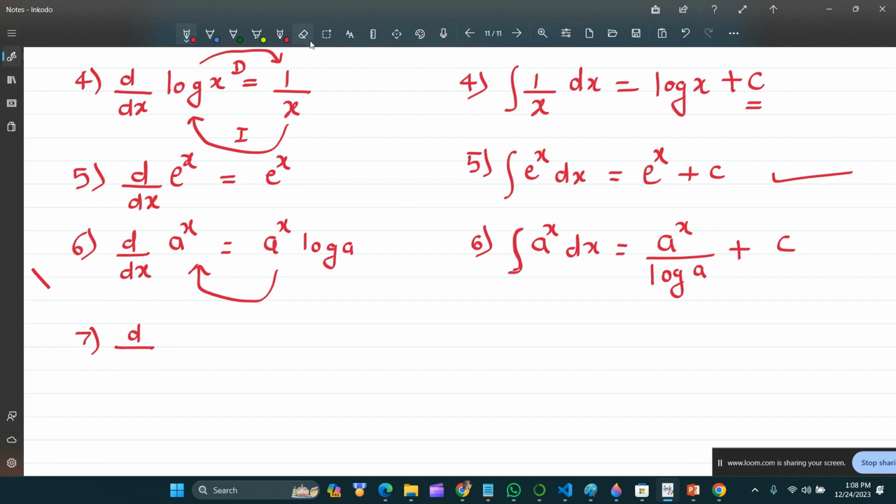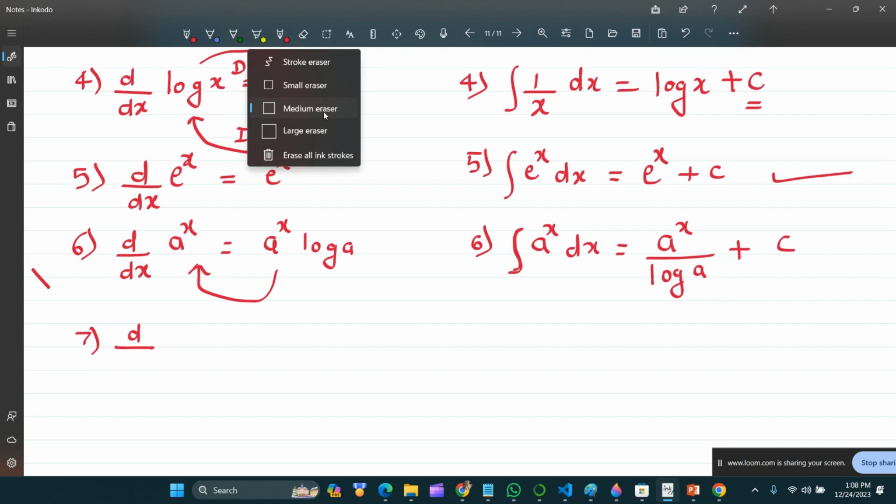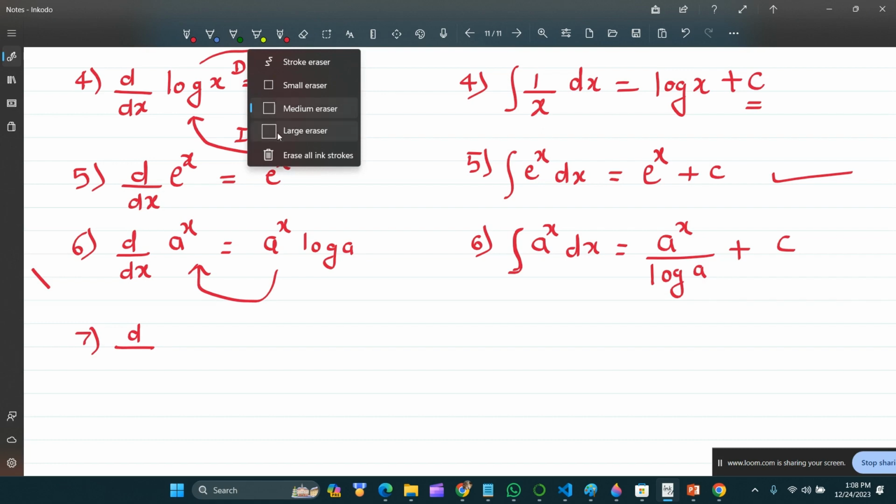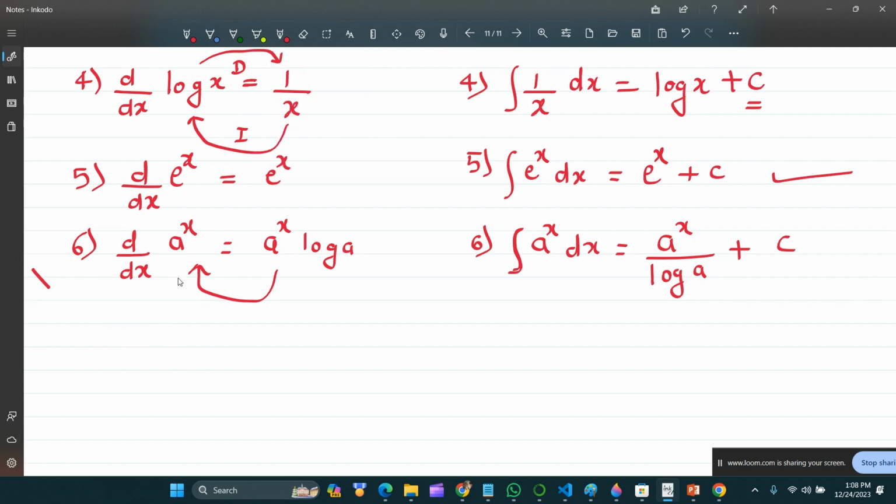First, we will see examples of this a raised to x. If we have to find the integration of 2 raised to x dx, then the answer is 2 raised to x, only we have to divide by log of that number, that is log 2, plus c.